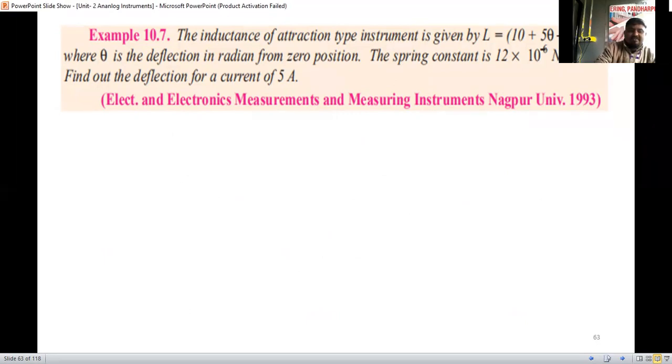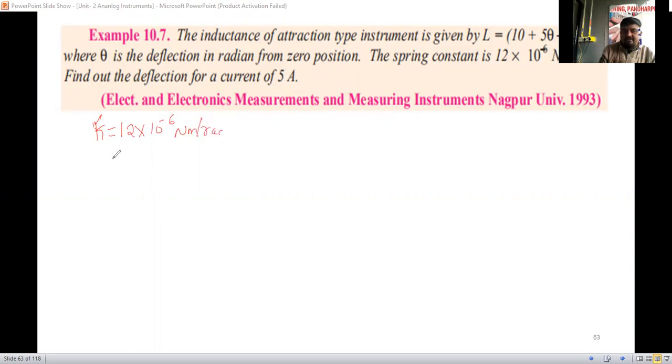So according to the problem, K equal to 12 into 10 to the power of minus 6 Newton meter per radian.